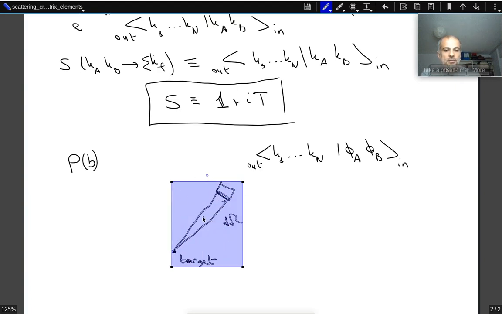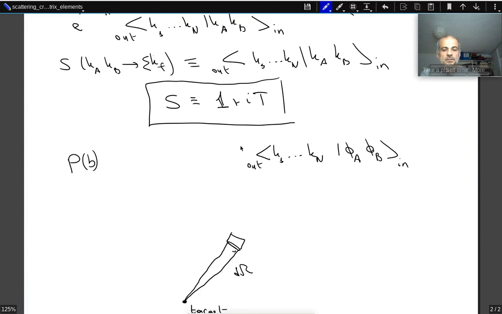And to calculate the probability, I just need to take the absolute square. But keep in mind that these states ki are not normalized to 1. And to calculate the total probability, my detector will not measure just a single k1. It will measure all the particles that scatter into a momentum within a volume in momentum space of d cubed k divided by 2 pi cubed. And also let me divide by 2 ekf for all the final state particles.